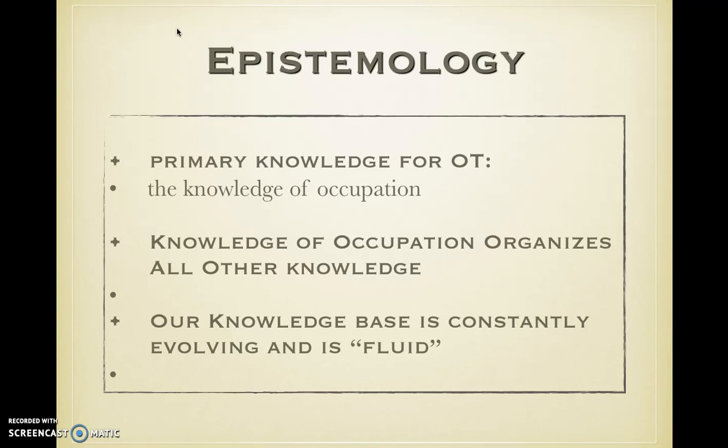And those are then supported by biological and kinesthetic knowledge. So it's obviously very necessary for us to have all that biological and kinesthetic knowledge, but those are secondary to psychological, social, and symbolic dimensions underneath that main driving factor of knowledge, which is occupation.